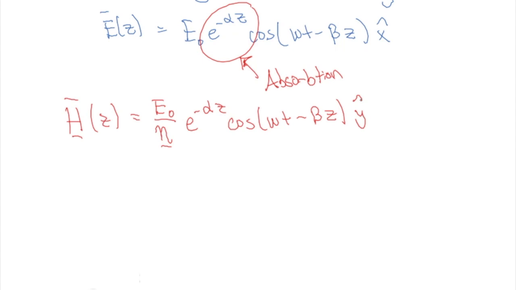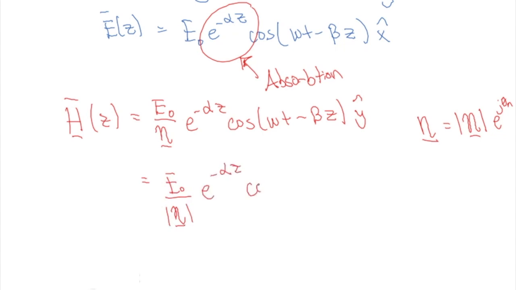So now our impedance, as we said, is complex, and this equals the magnitude and also a phase shift, which is denoted as e to the power of jθ_η. So if we rewrite all of that back into it, we could get our magnetic field as equaling E naught over the magnitude of the complex impedance times e to the power of negative αz times cosine(ωt minus βz minus θ_η). And this is all in the y-hat direction.